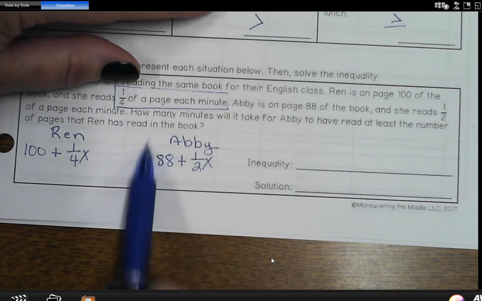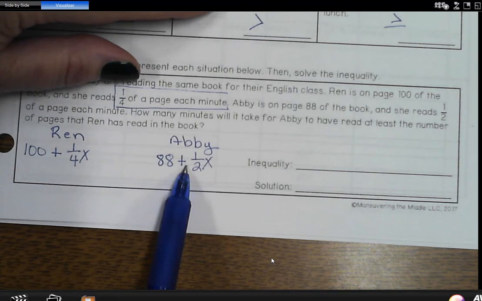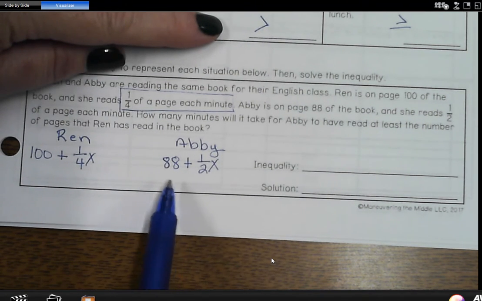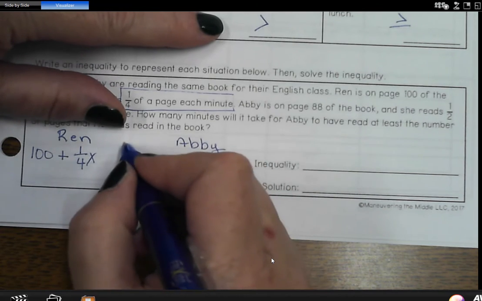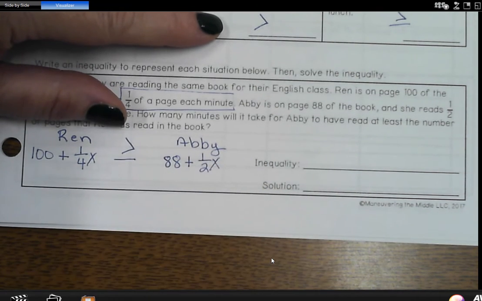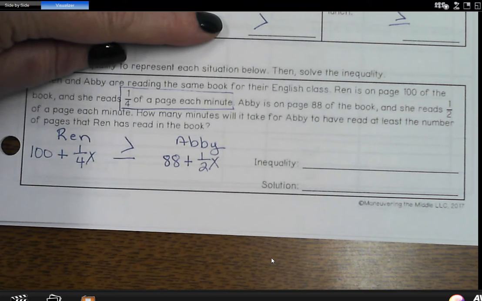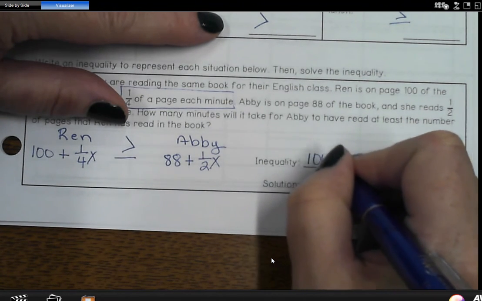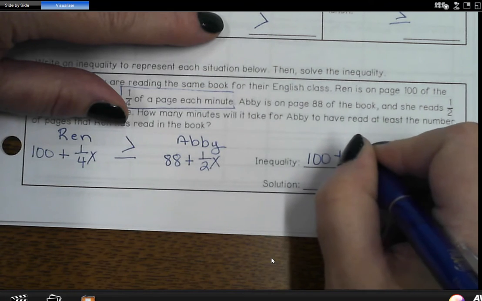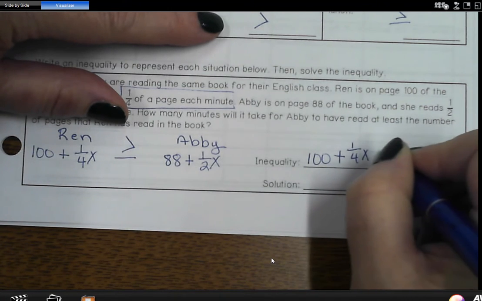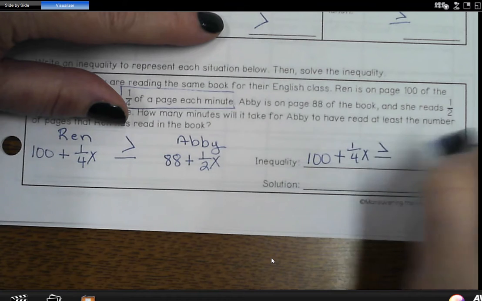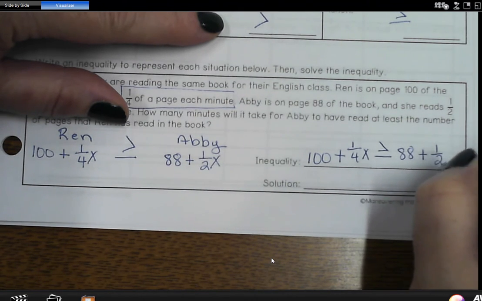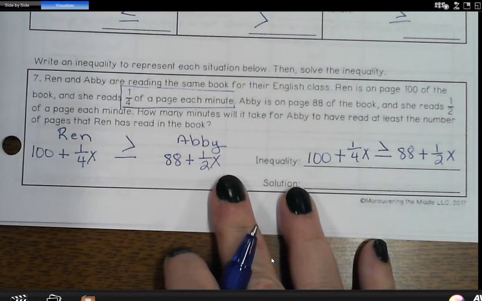So I want Abby to be at least. So it is greater than or equal to. So my inequality is 100 plus 1/4 x is greater than or equal to 88 plus 1/2 x. Now solve it.